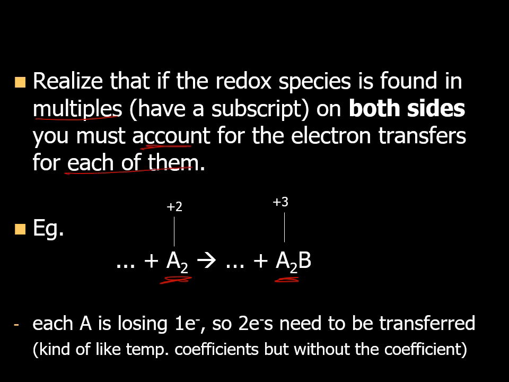So if you're talking about this particular transfer here, we're going from a positive 2 to a positive 3, so we're talking about 1 electron. Be sure that you realize that we're dealing with 1 electron per atom, so we would have to really be talking about 2 electrons. So be careful when you're dealing with those redox species where there are multiples of them. Make sure you also multiply the electrons before you start looking for the lowest common multiple.